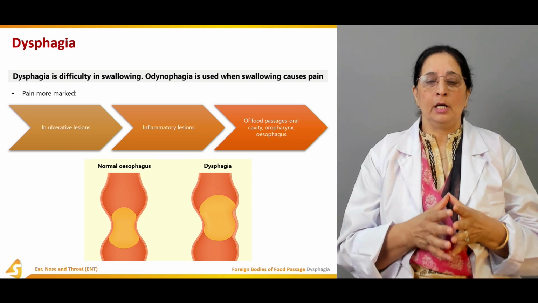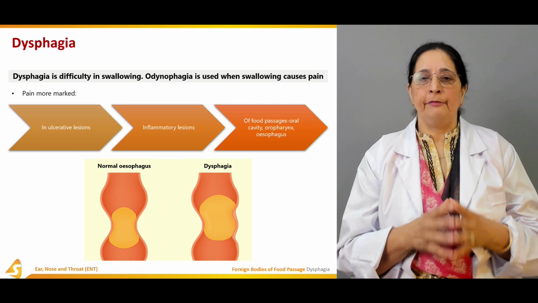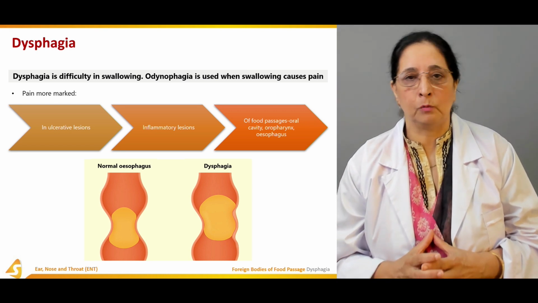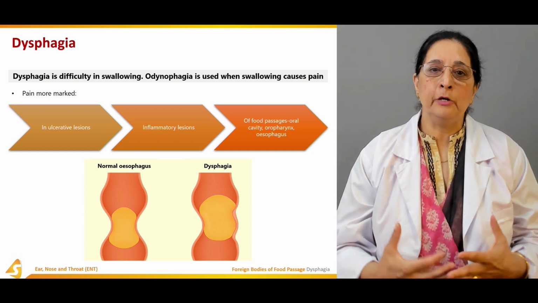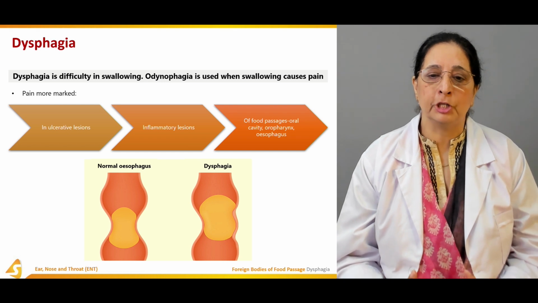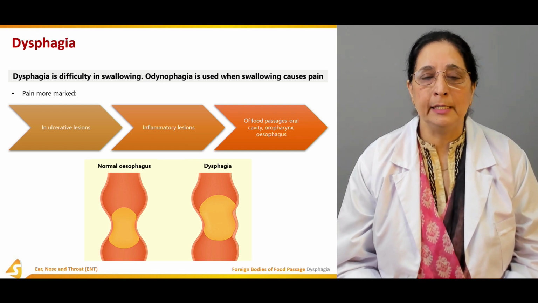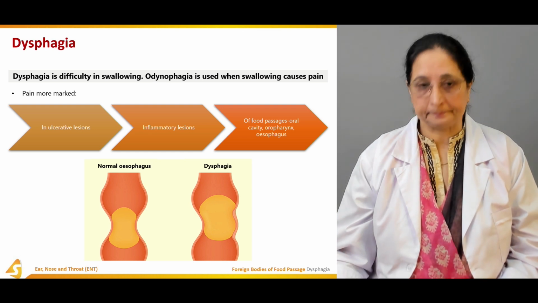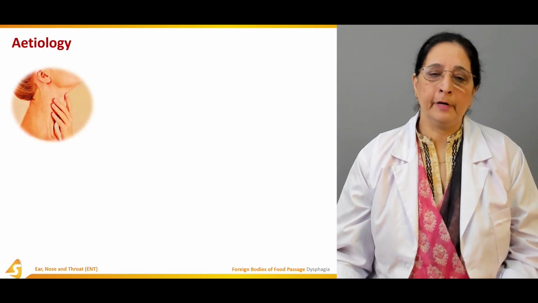So dysphagia is difficulty in swallowing. Odynophagia is pain on swallowing. The pain or odynophagia is more marked if there is an ulcerative lesion, or if there is an inflammatory lesion present that can cause pain on swallowing.